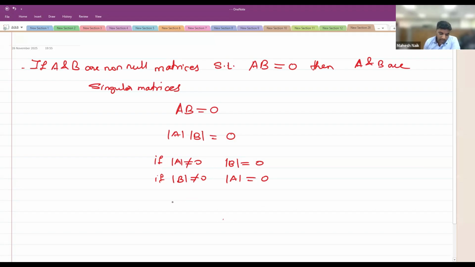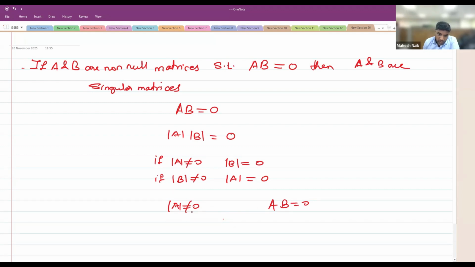Let's take determinant of A not equal to 0, and let's assume that B is not a singular matrix. We know that AB is equal to 0.